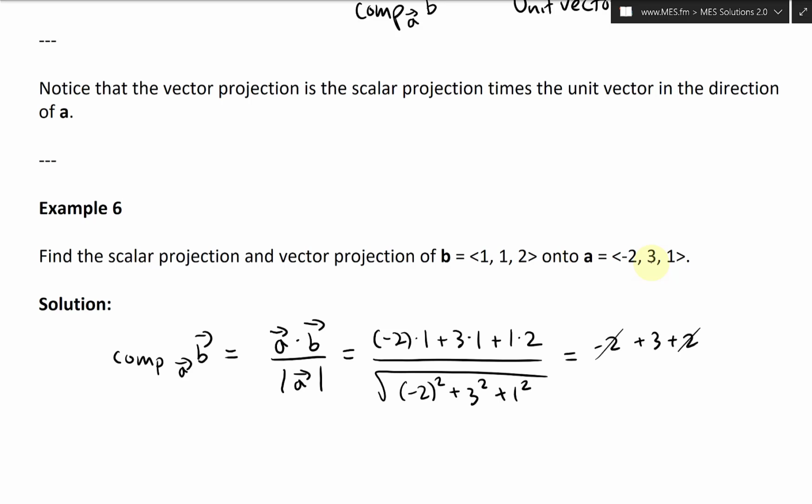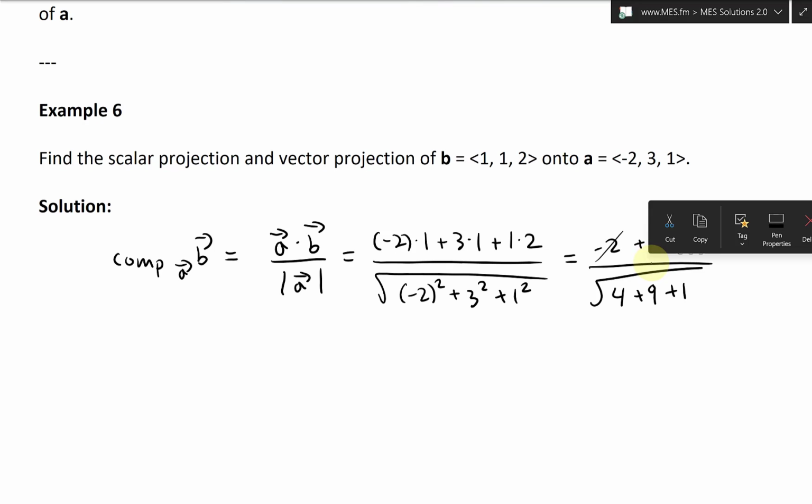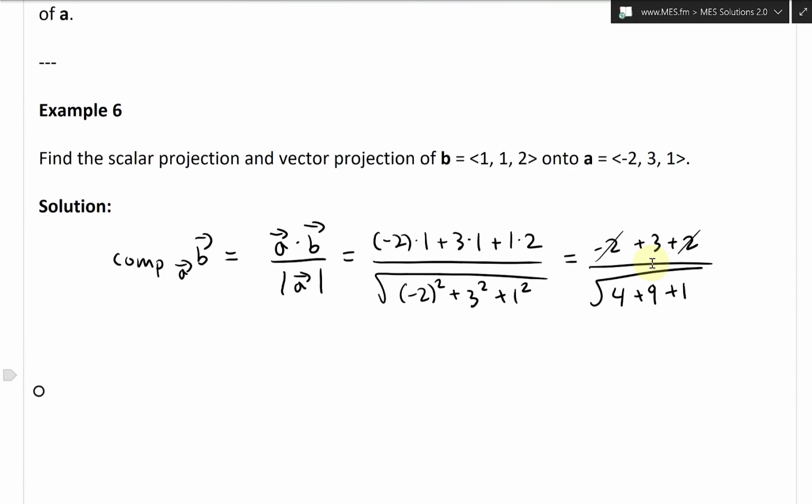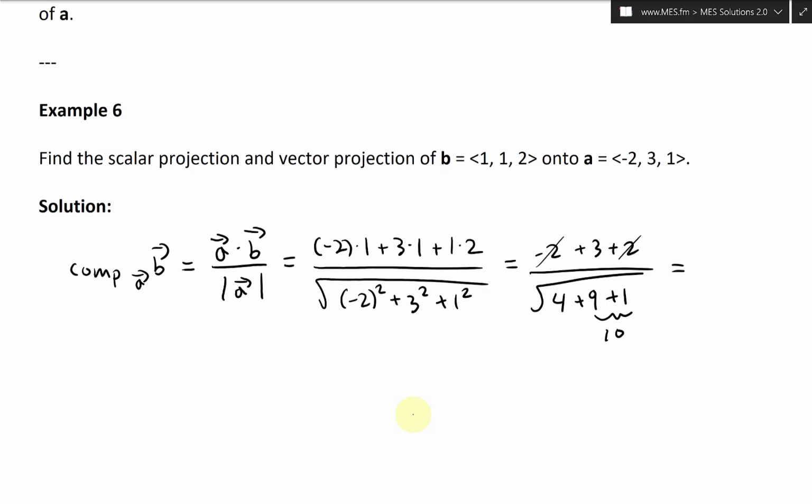We're left with 3. And then the bottom is going to be 4 plus 9 plus 1. That's just square root 14, because 4 plus 1 is 5, or 9 plus 1 is 10, and then 4 plus 10 is 14. So this equals 3 over square root 14.